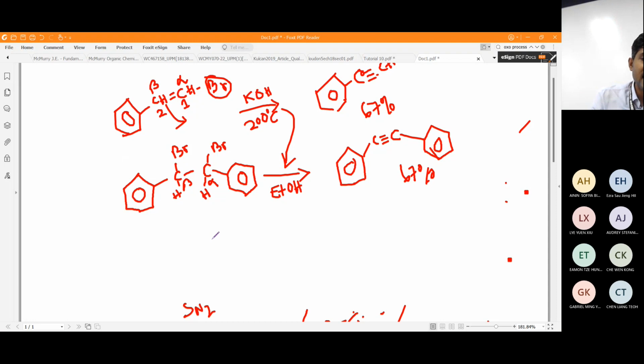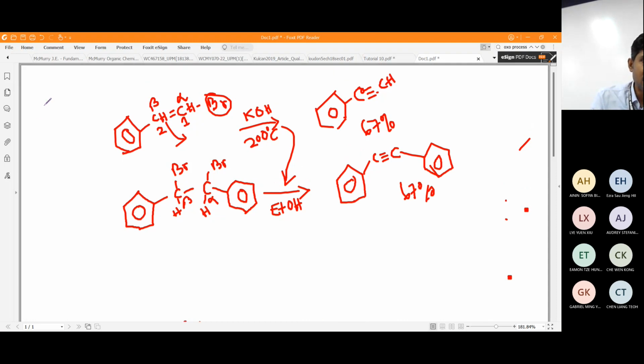Now, as I mentioned earlier at the start, aryl halide will not go for this elimination reaction or SN2 reaction. Aryl halide means the halogen directly attached to this phenyl group, to this benzene ring, directly attached.